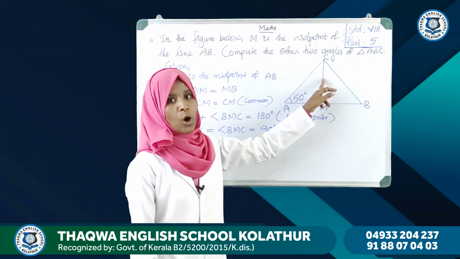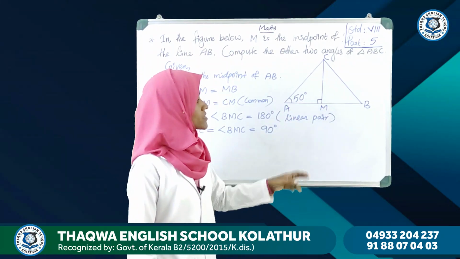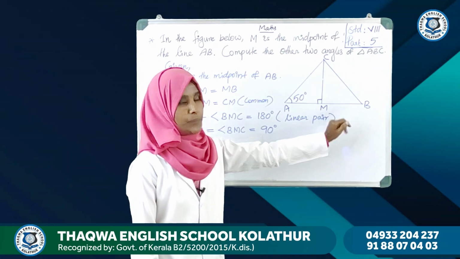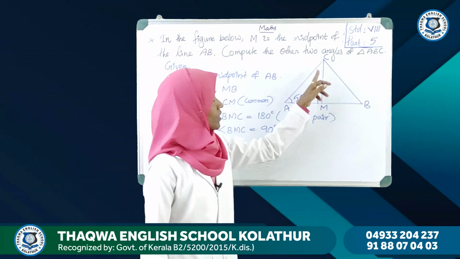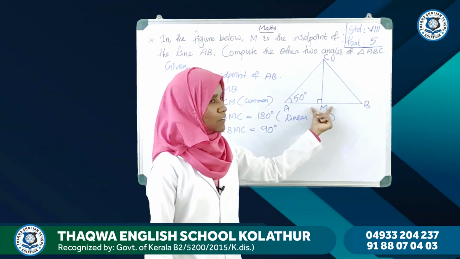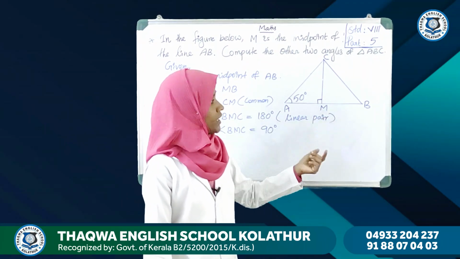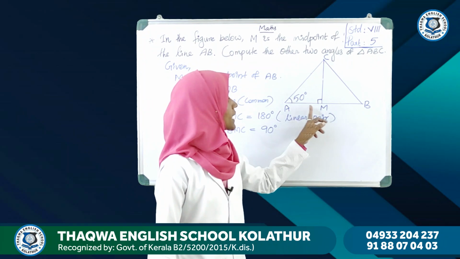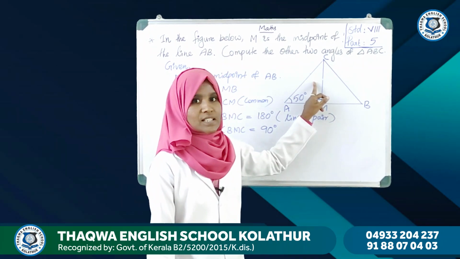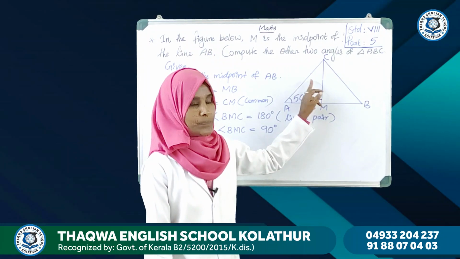CM is the common side of both triangles, triangle AMC and triangle BMC. The next, CM is perpendicular to BM, is also given in the question. Okay. So we can write angle AMC plus angle BMC equals 180 degree.